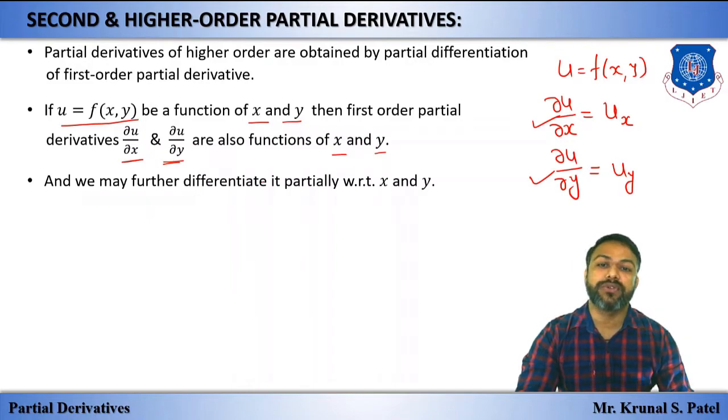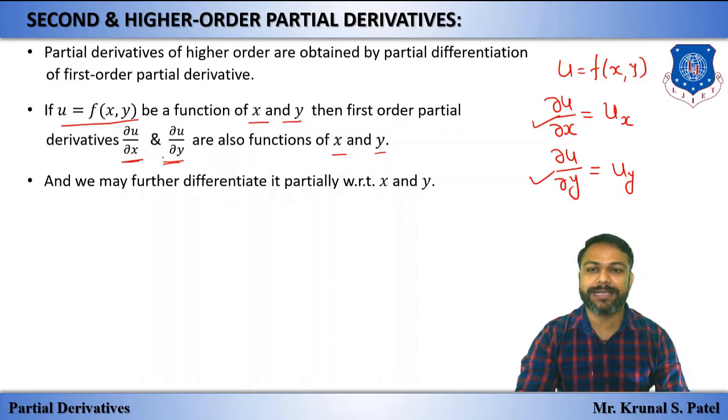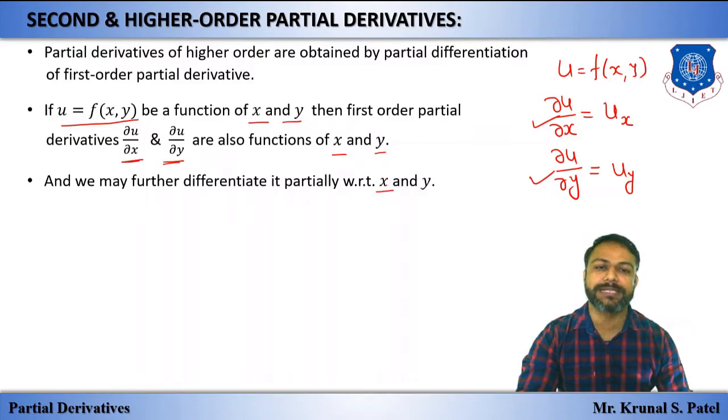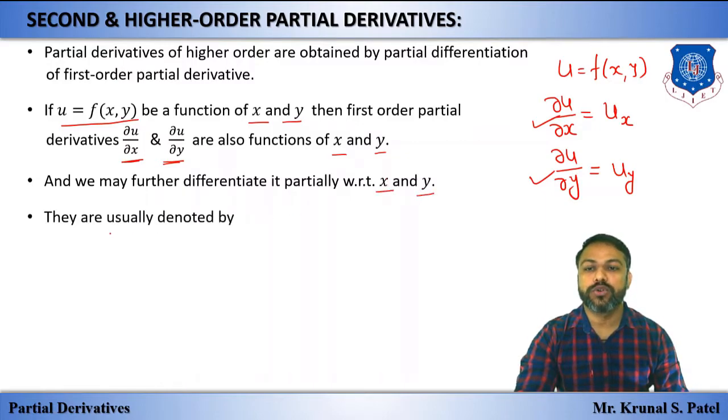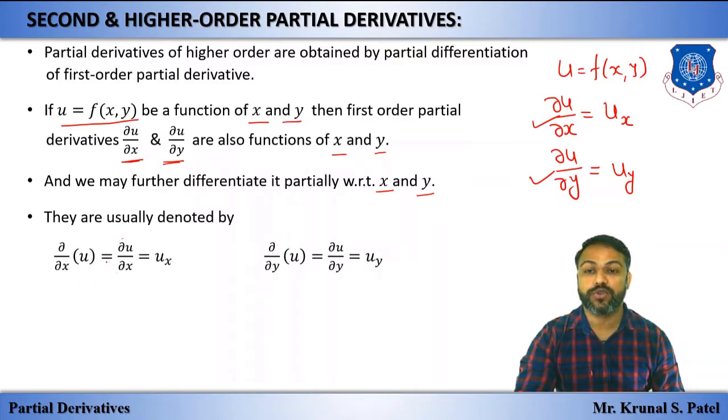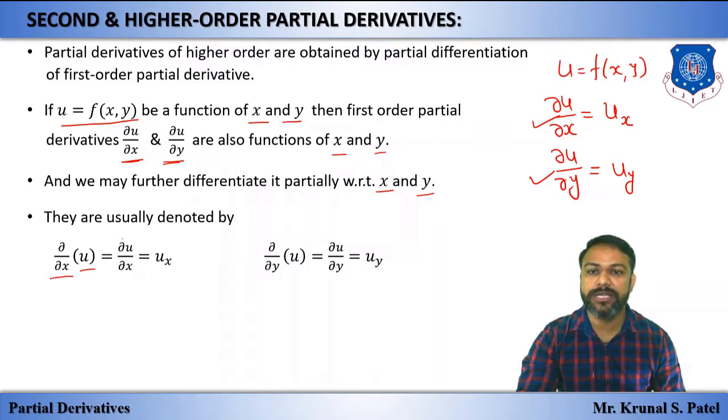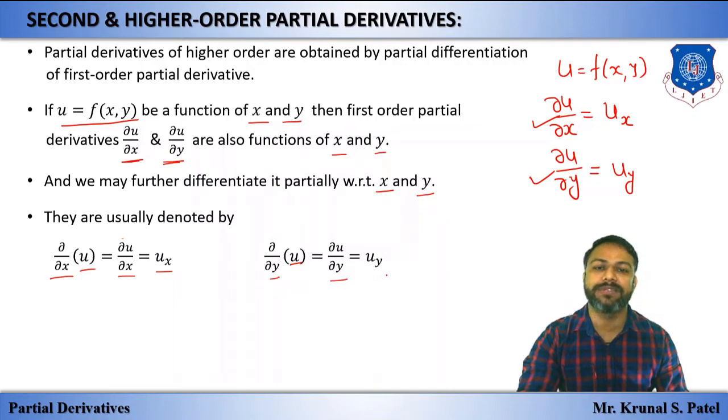And we may further differentiate this del u by del x and del u by del y with respect to x and y. Okay, so they are usually denoted like this: the first order partial derivative of u with respect to x, that means del u by del x as I told, and in notation we write ux. Same way, the first order partial derivative of u with respect to y is given by del u by del y, which is written in notation as uy.